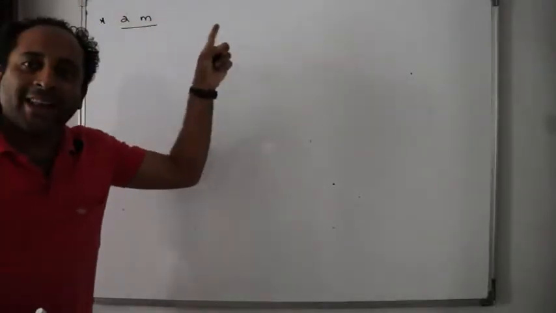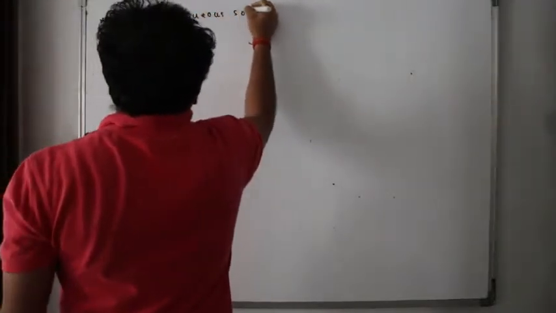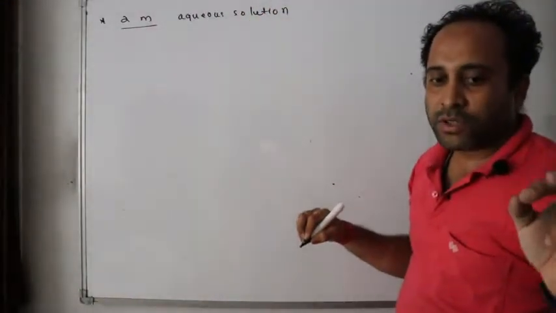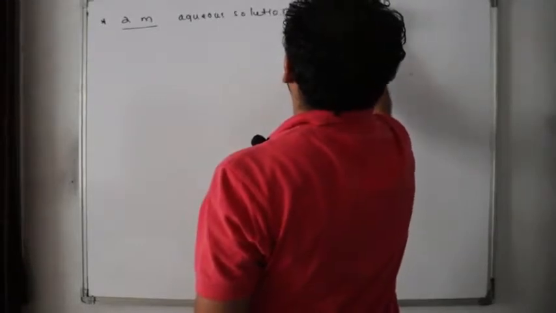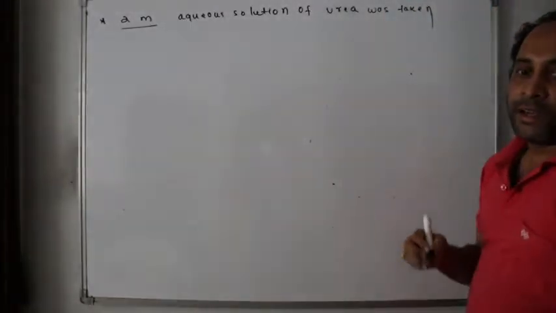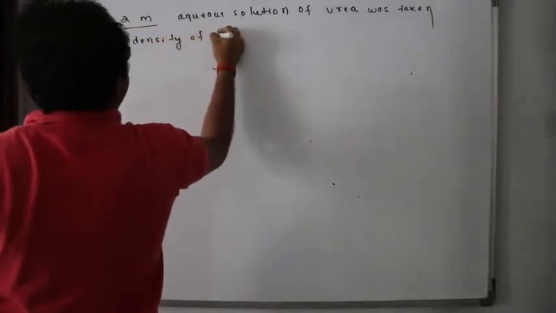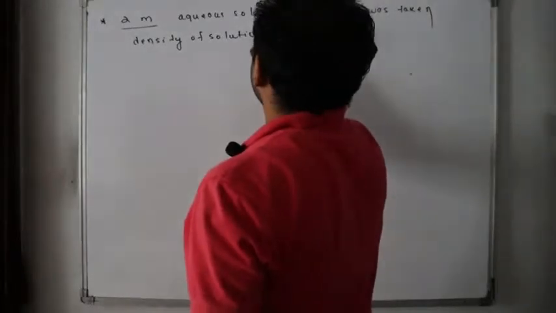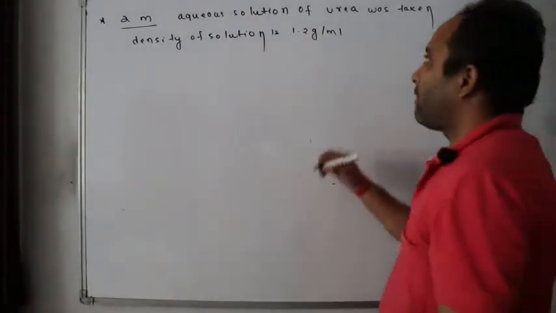This is a 2 molal aqueous solution of urea, and the density of the solution is given in grams per ml.